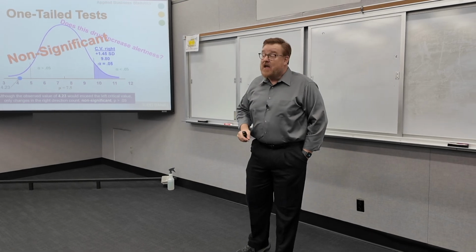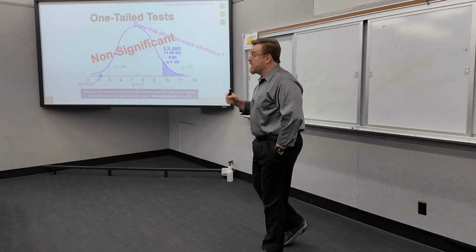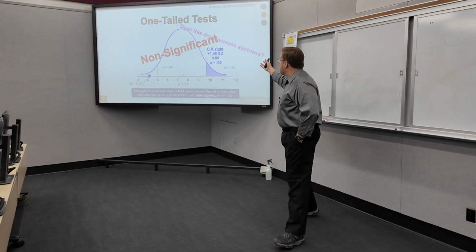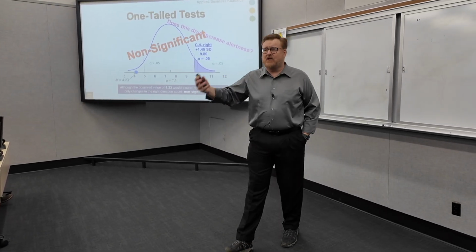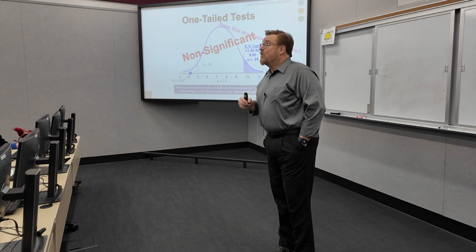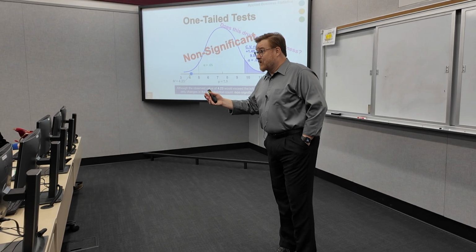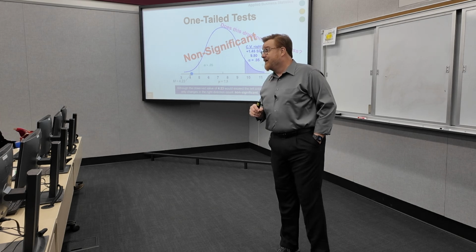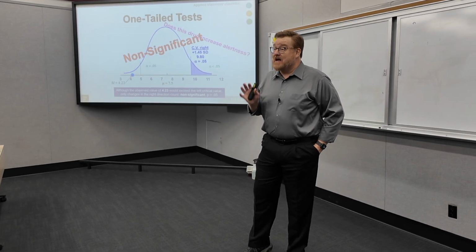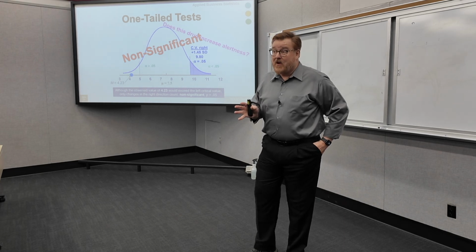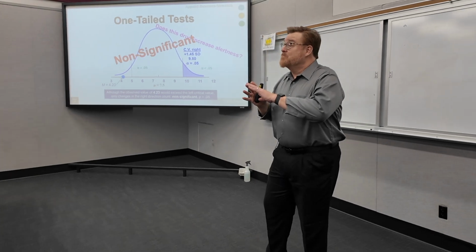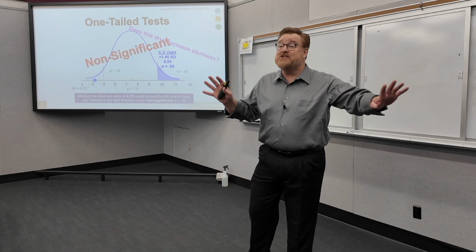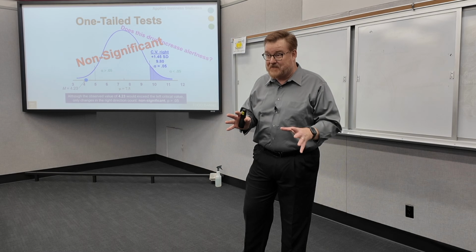When you are doing a one-tailed test, only changes in the predicted direction can be statistically significant. Why is that? Because there are some times where only one direction of change is important. We're testing a drug to see if this drug increases alertness. If the drug increases alertness, statistically significantly, we might say that drug is effective. But if it does not change alertness, or worse, makes you more drowsy, there are no changes in that direction that are useful to us.